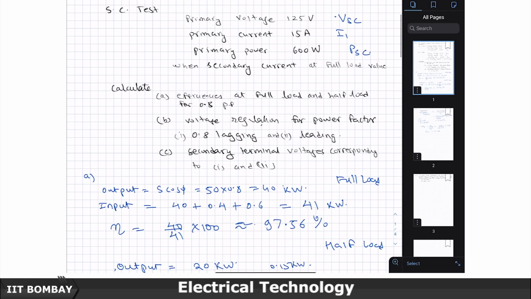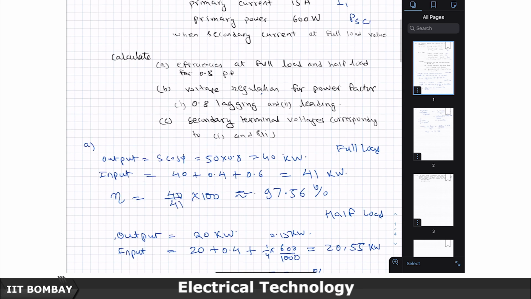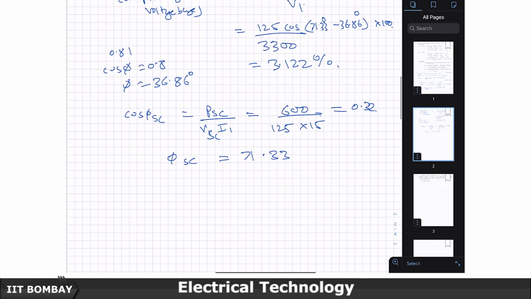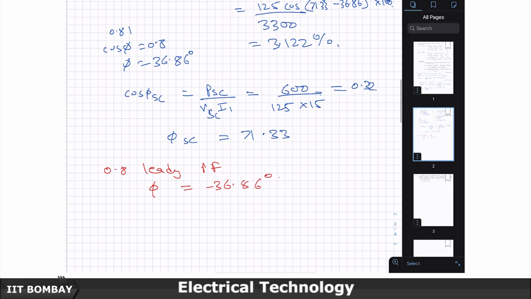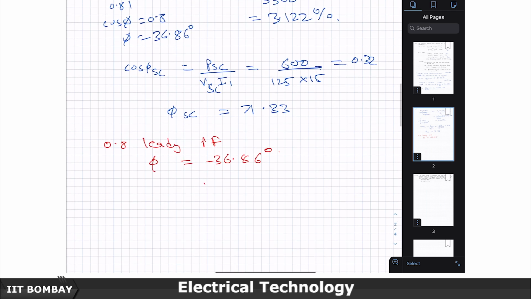So, what is our question? Voltage regulation for power factor of 0.8 lagging and second is 0.8 leading. When I am calculating for 0.8 leading power factor, the phi will now become minus 36.86 degrees, and so the percentage regulation is going to be equal to V_sc into cos of phi_sc minus phi_L divided by V_1.